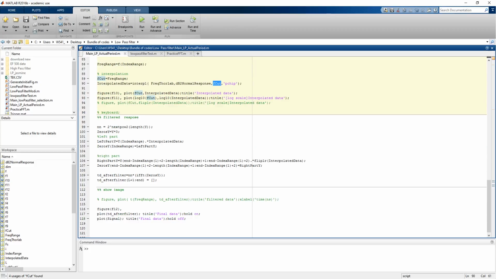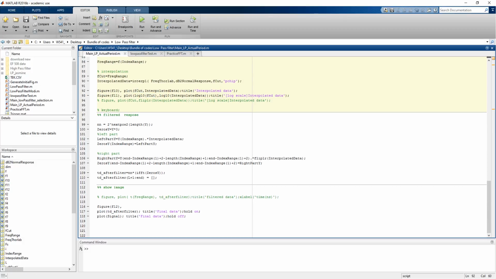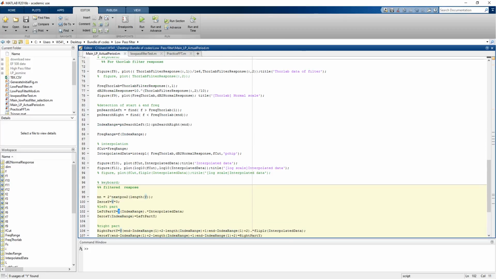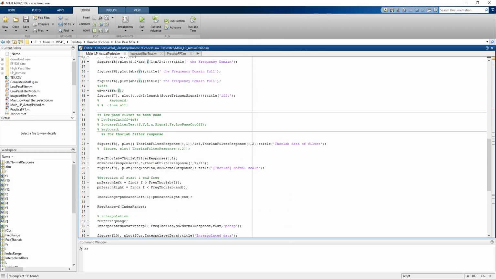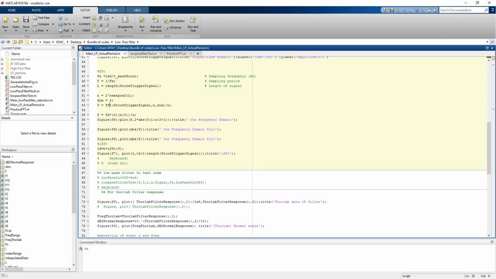Now what we have to do is use this response. As we know, frequency domain data has two parts. One is the left part, the real part. That is my interpolated data within this frequency range. So I'm multiplying my y. Here y is the FFT data.